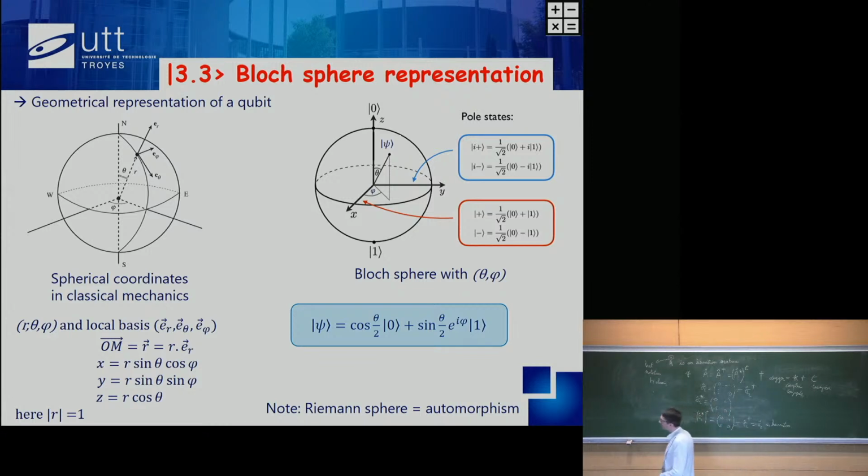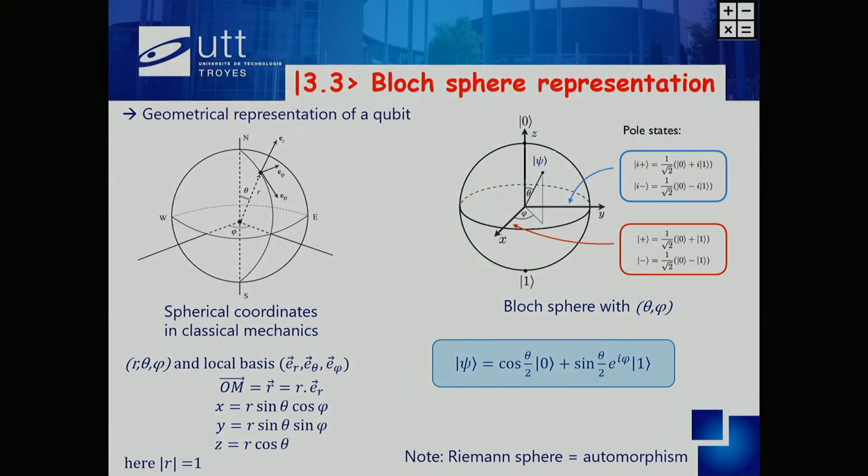And now, what is nice is that we can use this representation of a point in space to represent every single state of a qubit in the 2D space of the qubit 0, 1, but with a 3D representation.